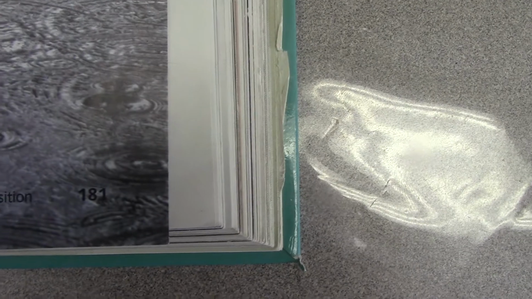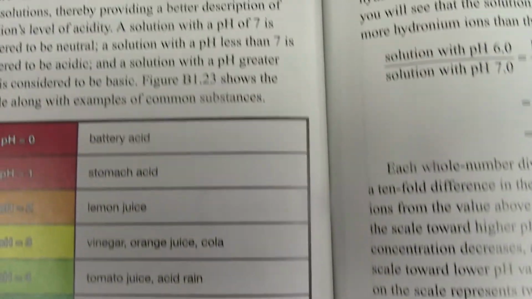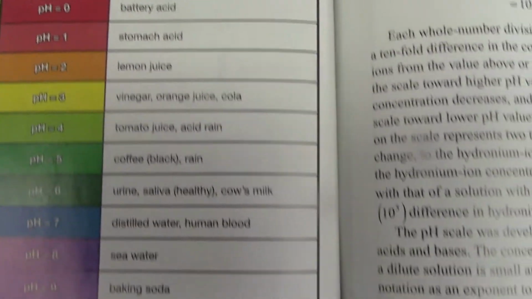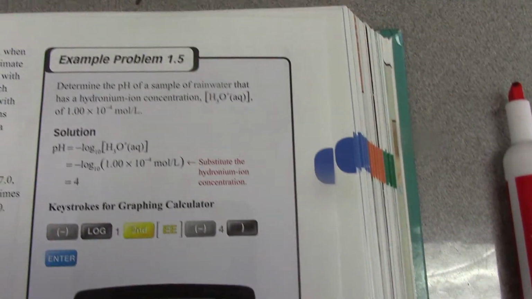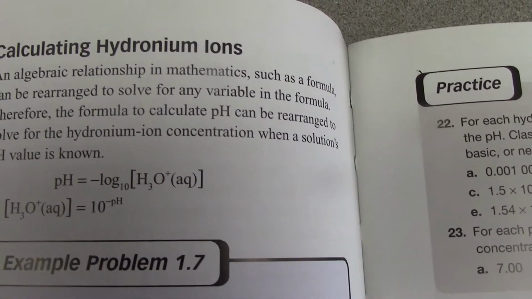There's an explanation for this on how to use your calculator on page 181 in your textbook. There's also a pH scale in your textbook on page 180 that you should absolutely take a look at. And using logs and exponent values are given to you in your Science 30 booklet, as well as calculating pH.